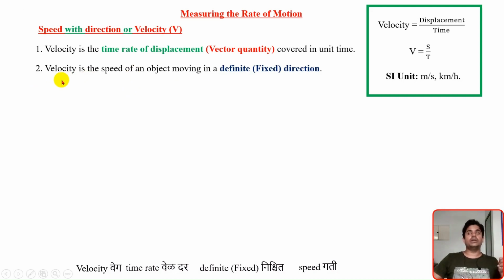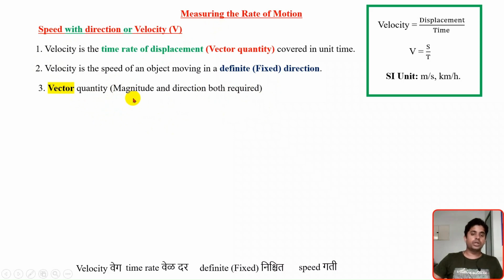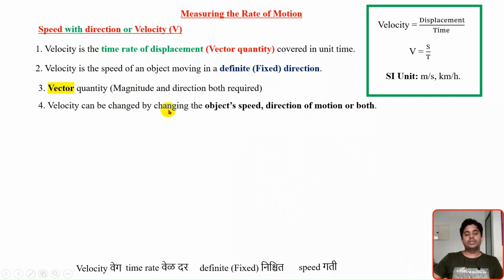So velocity is speed only, but speed has to be mentioned with a certain direction. So velocity is a vector quantity. It requires magnitude and direction both. Velocity and displacement are vector quantities, so we should mention magnitude and direction.